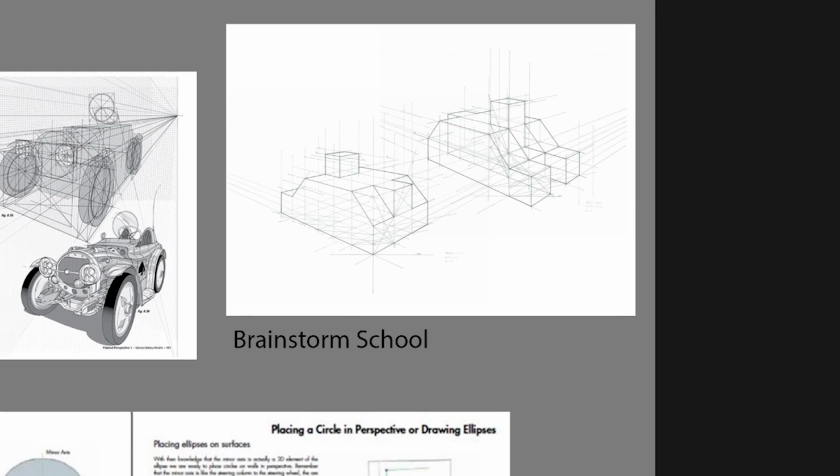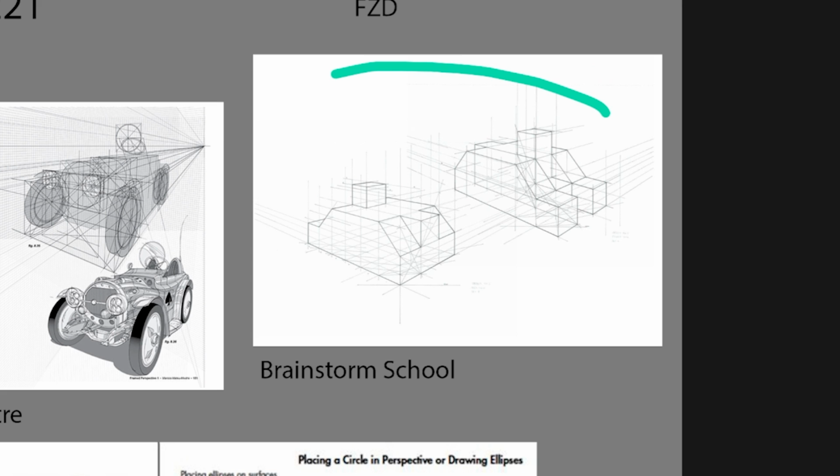The same here, same exercise from Brainstorm School, but looking at the same object from different sides. You can see that they are simple boxes or inclined planes. You don't even need to think about the auxiliary vanishing points and so on.